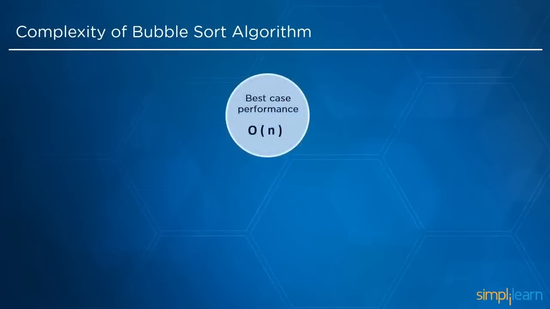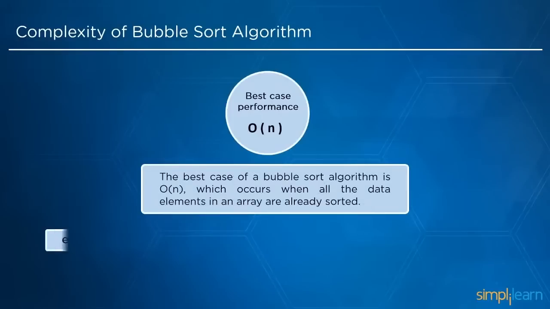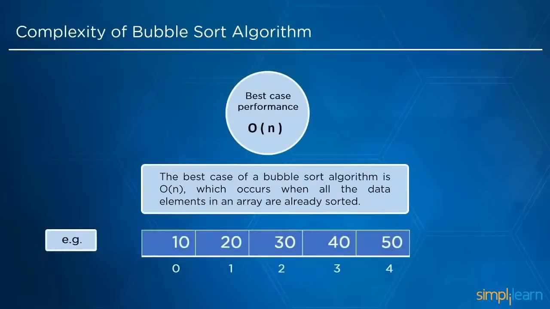Let us understand when this complexity occurs. The best case of the bubble sort algorithm is O of n, which occurs when all the data elements in an array are already sorted. Here we have an example with data elements in an array which are already sorted, that is 10, 20, 30, 40 and 50.